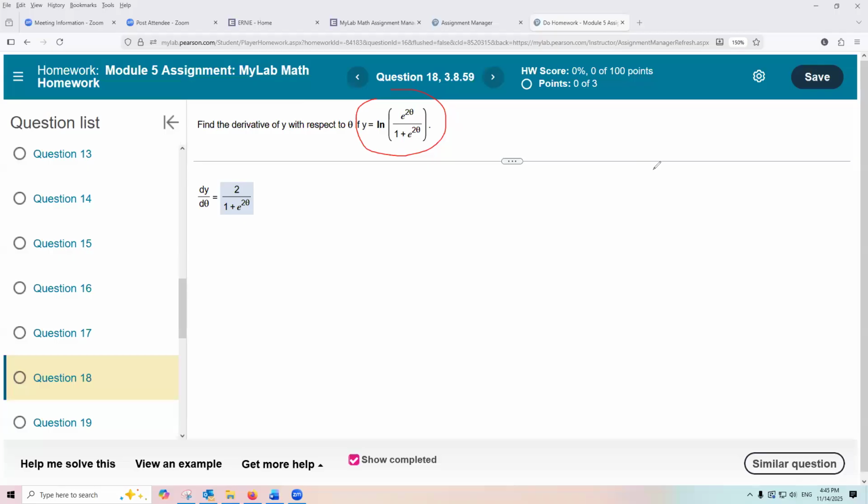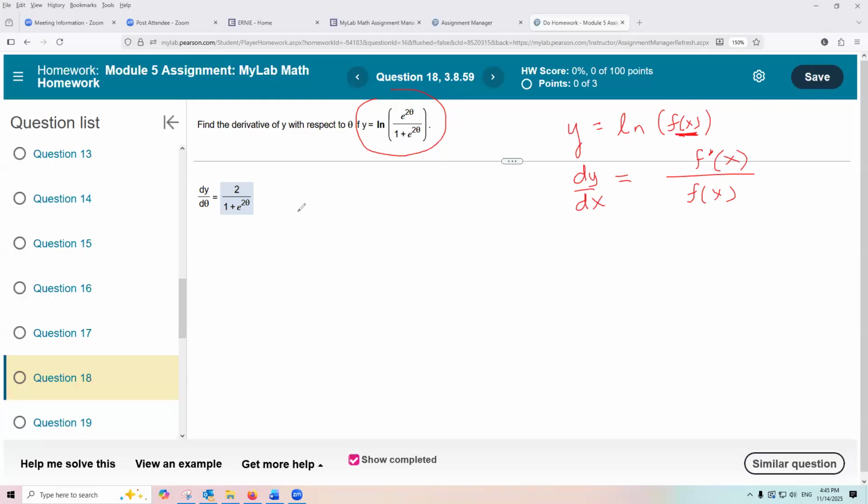For this, I want to remind myself of how you find the derivative of an ln kind of function, so ln of f of x. Well, the derivative here is where you set up a fraction. In the denominator, you put this f of x function that's in the parentheses, and on the top, you put the derivative of that function.